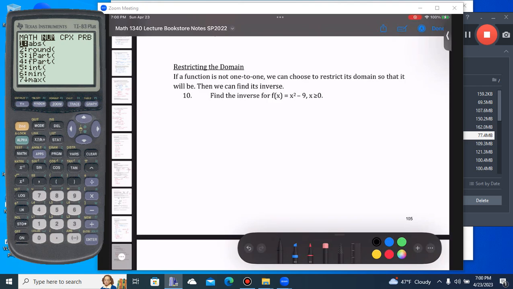There's one called logic. I'm trying to find where it is. Yeah, there you go, logic. Greater than or equal to 0 should work.